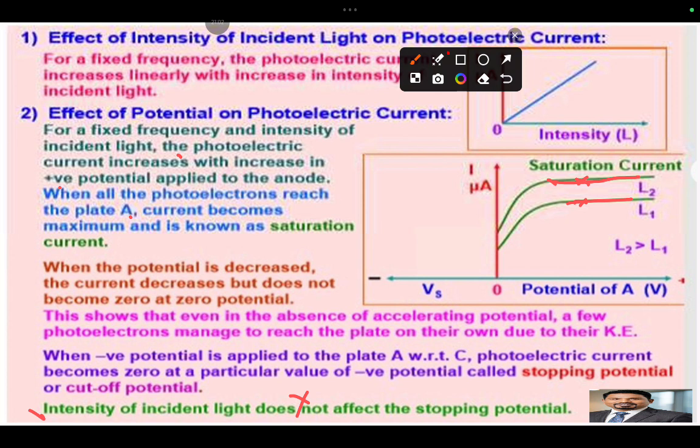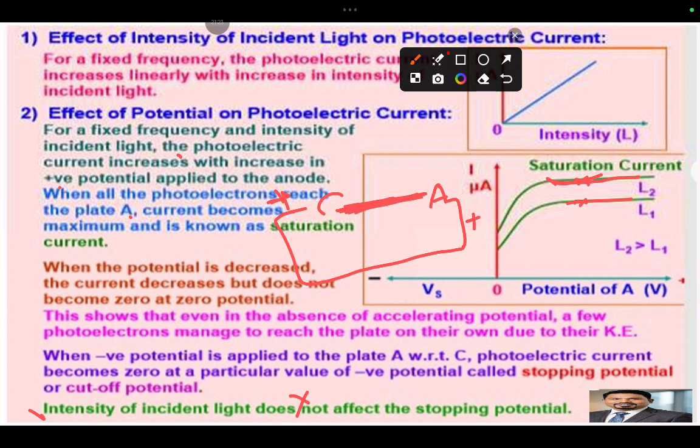Earlier we discussed cathode and anode. The cathode is connected to the negative terminal, the anode is connected to the positive terminal. That is the reason maximum current is generated, and this limit of maximum current we call saturation current.